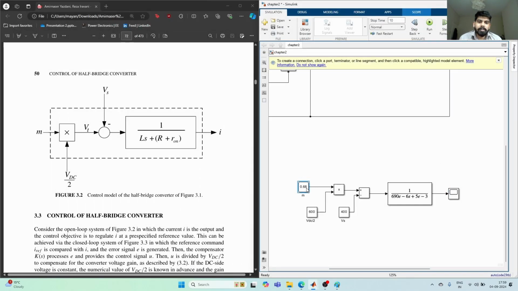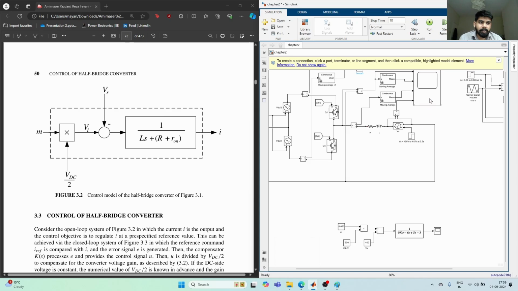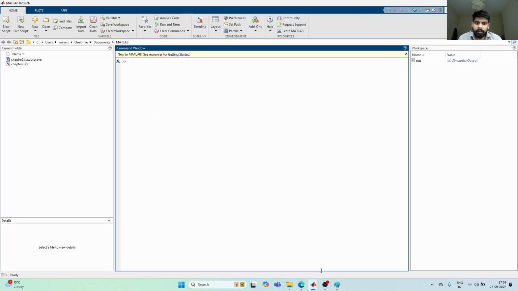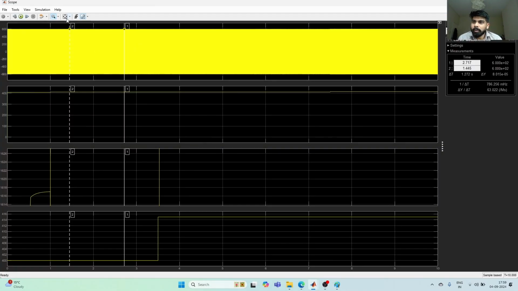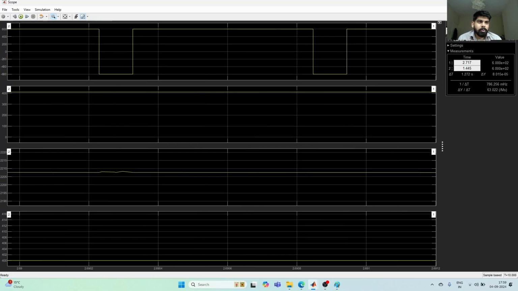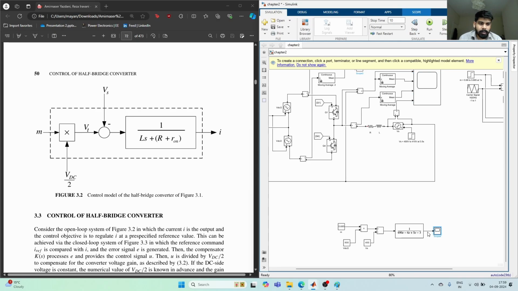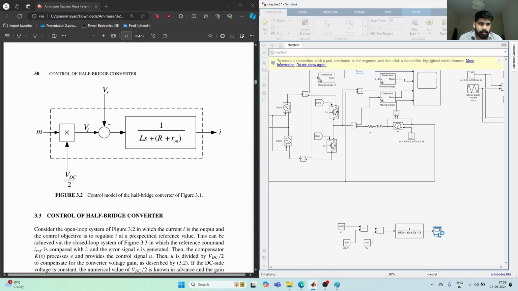And similarly, if I put 0.685, what it should give me is around 2.2 kiloamps, or 2200 amps. Let's see.